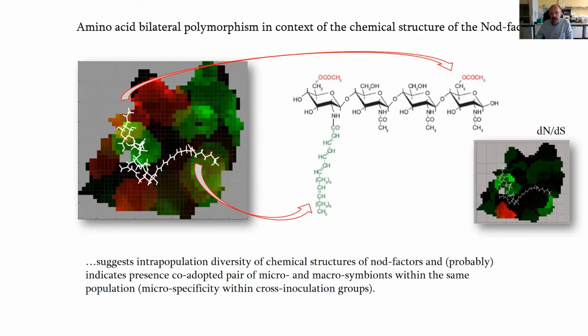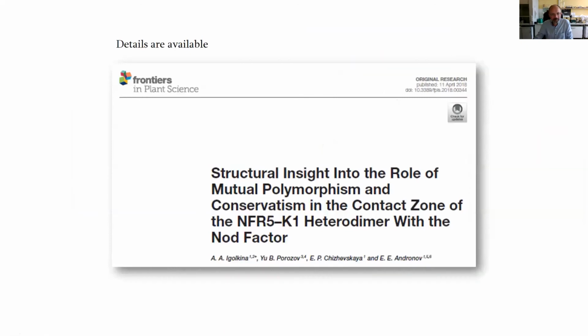Also, we tried to map selection pressure and the contact zone in different parts of these molecules, and I think it is a very interesting thing. But all the details of this study are available in this paper.